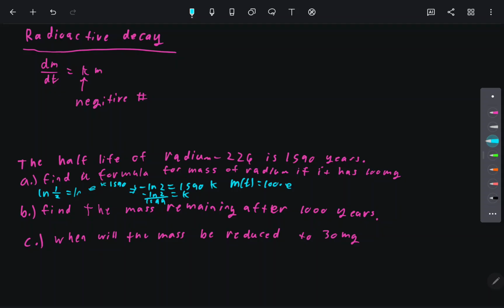So if I'm doing this right, it's going to be equal to roughly about 0.0004. Sorry, I believe I accidentally added in one too many zeros, so there we go.